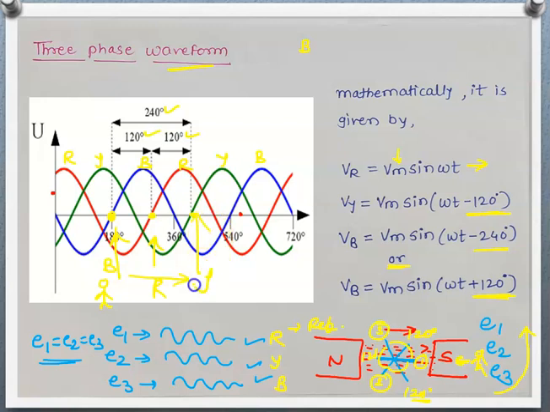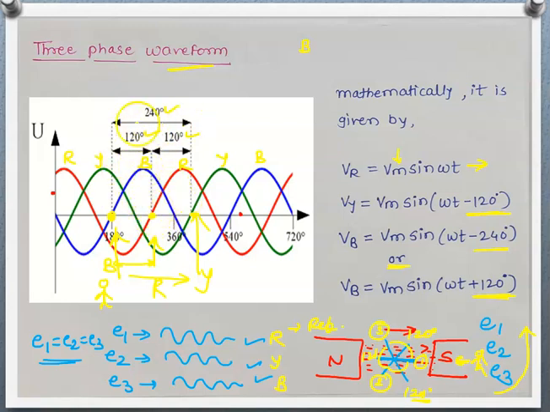at this point Y is starting. And what is the difference between these two? The difference between these two is 120 degrees. The difference between these two is also 120 degrees. That means the second phase will start at 120 degrees to the first phase, and the third phase will start at 120 degrees to the second phase.